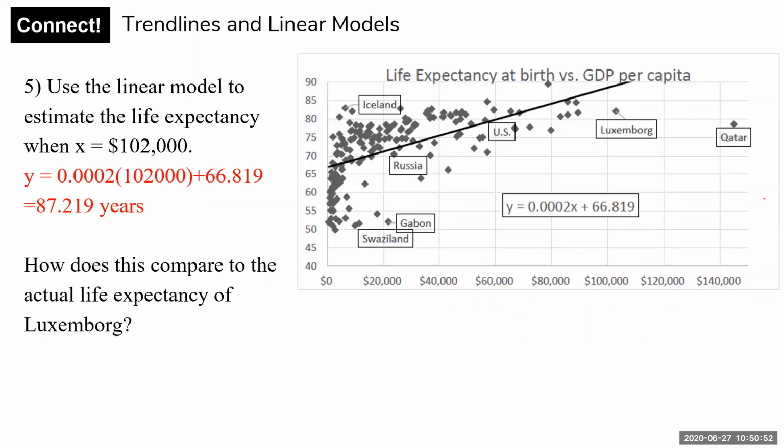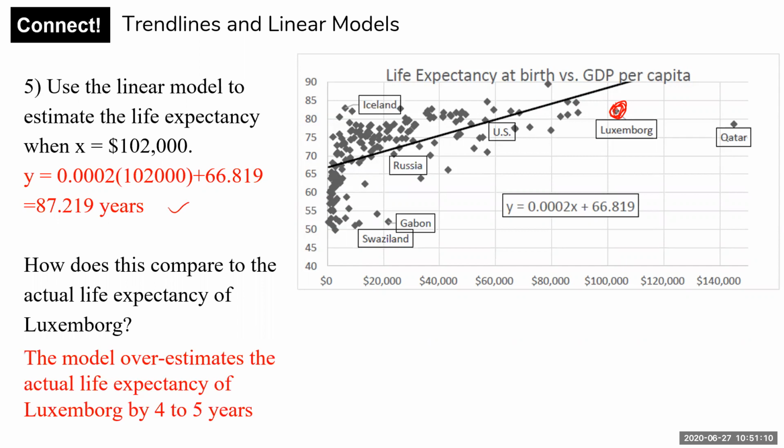Here you are looking at 102,000, so we are looking at Luxembourg. Luxembourg is right there. Now, what you estimated versus the actual, how will you compare that? The model overestimates the actual. You realize that this is higher than the actual value here if you trace that to the y-axis. So the model overestimates that.